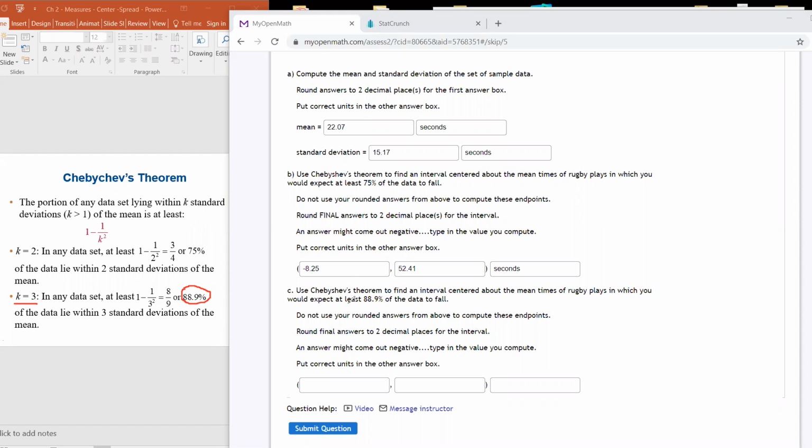Meaning you'll do the exact same thing that you've done before. You will subtract and add 3 standard deviations this time to the mean to come up with the upper and lower limits of that interval. Okay, this is what we will do right now.